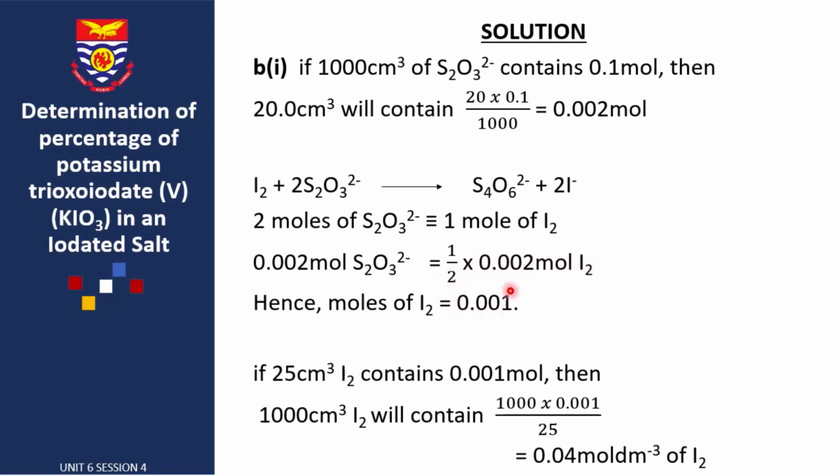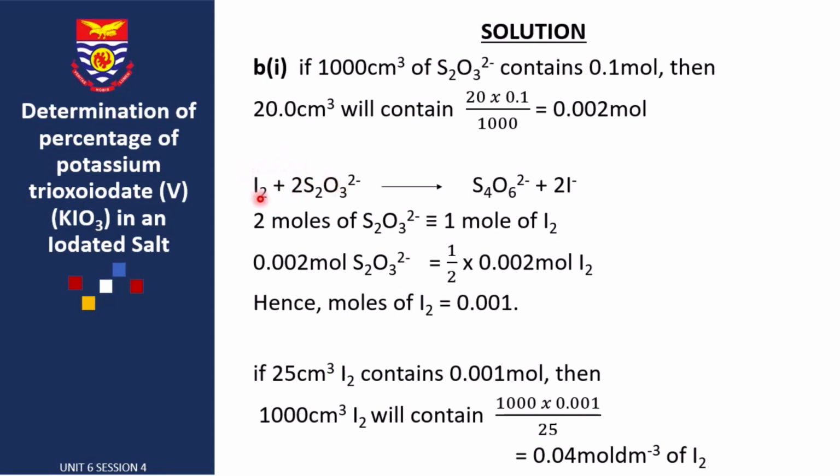Okay, but this number of moles is only contained in the 25 cubic centimeters. And you should also note that the thiosulfate reacted with all the iodine produced in solution A.